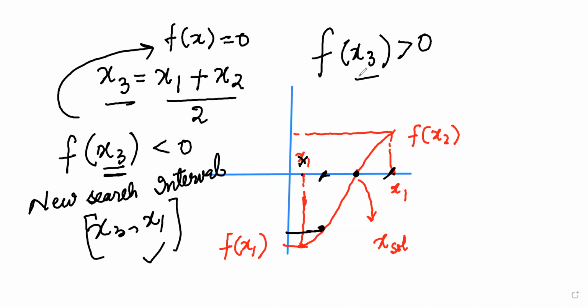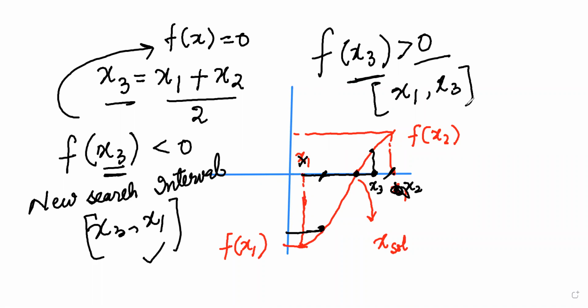That means x3 is here, because at x equal to x3 our function is positive. Then we need not take x2 now. Our new search interval will be from x1 to x3.